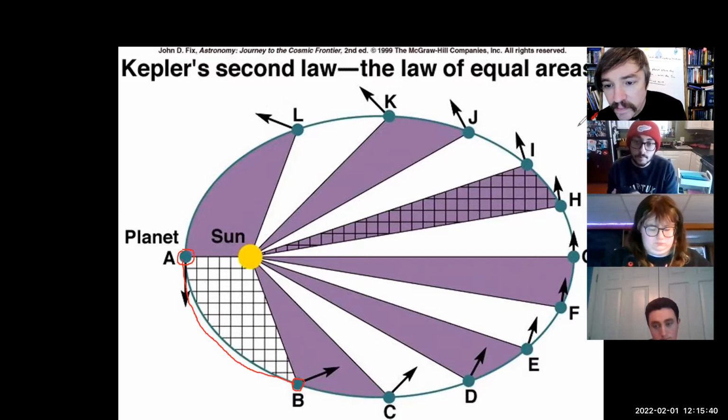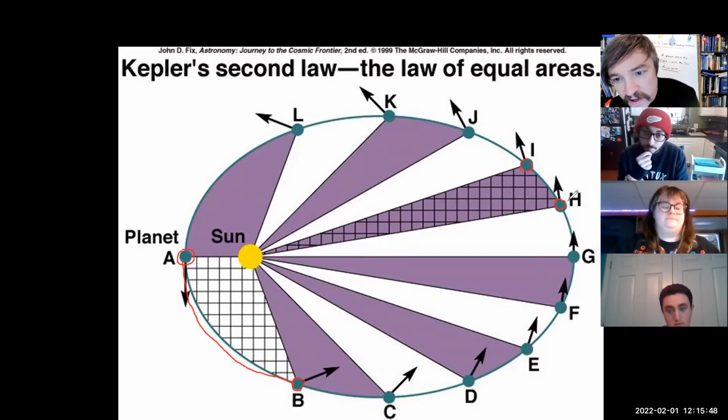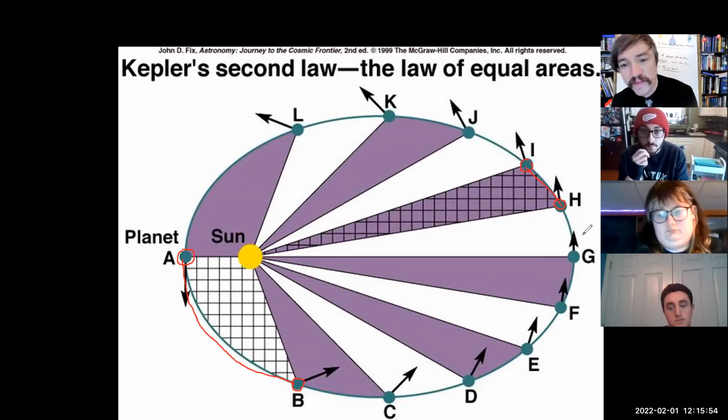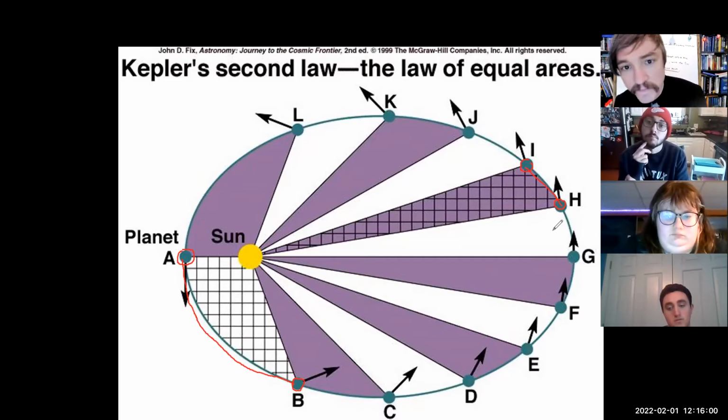Later on, near aphelion, point G, if you track a two-month period in the orbit of Mars, it might go from H to I, and you can see that the distance from A to B is much longer than the distance from H to I. So it's not traveling the same distance in the same amount of time.